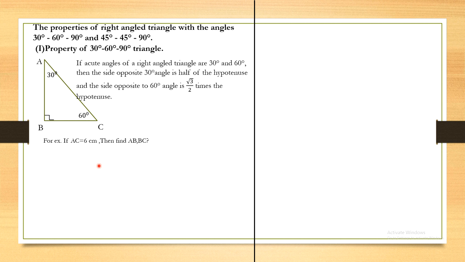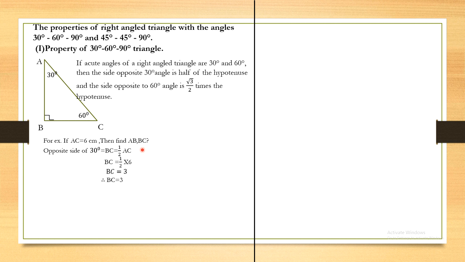Suppose AC is given as 6 cm. We have to find the sides AB and BC. With this property of the 30, 60, 90 degree triangle, we can write the side opposite 30 degrees, that is BC, equals half of AC. So half into 6, we get BC equal to 3 cm.